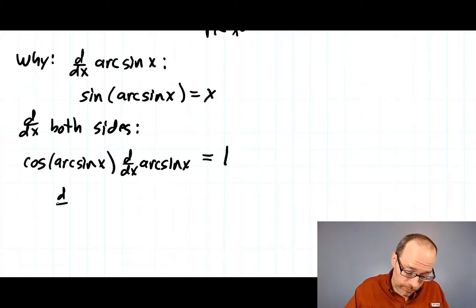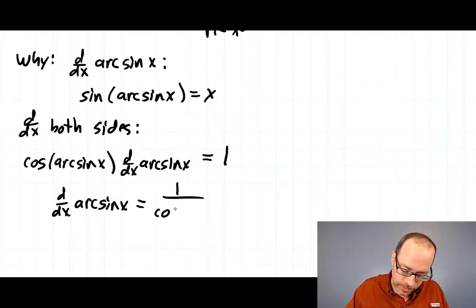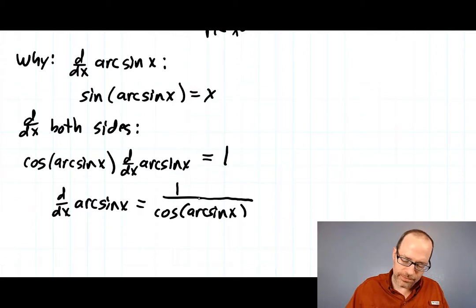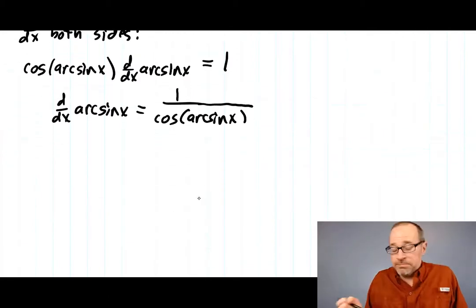And we can solve for the derivative of the arc sine here. It's just 1 over the cosine of the arc sine of x. Well, that's an answer. It tells us an answer.